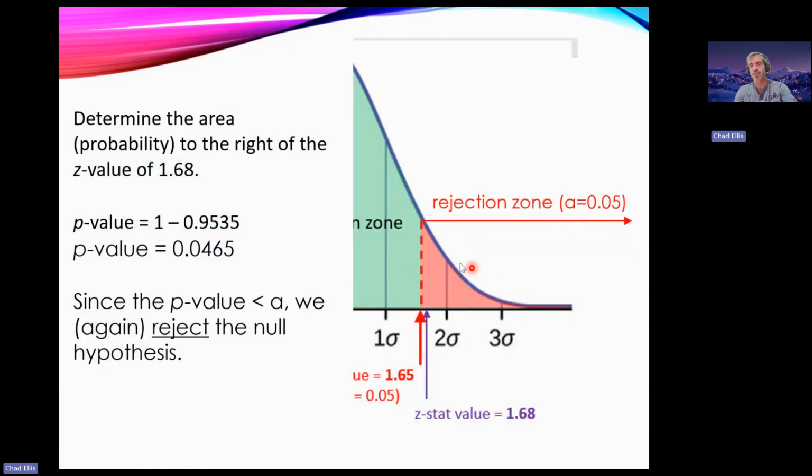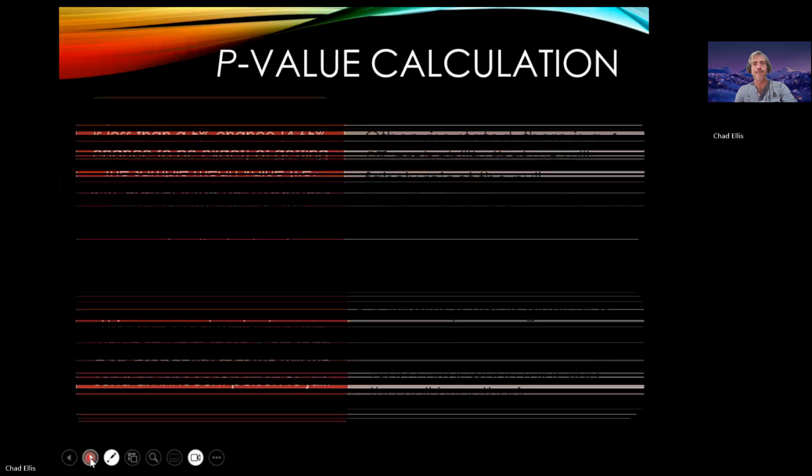So this is 5% of the area underneath the red area right there. My p-value, 1 minus that 0.9535, because my probability is in the right tail, is 0.0465, which is slightly smaller than my established alpha value. So because my p-value is less than my alpha value, I'm going to decide to reject my null hypothesis.